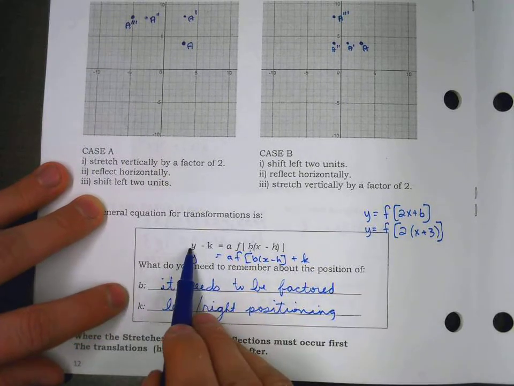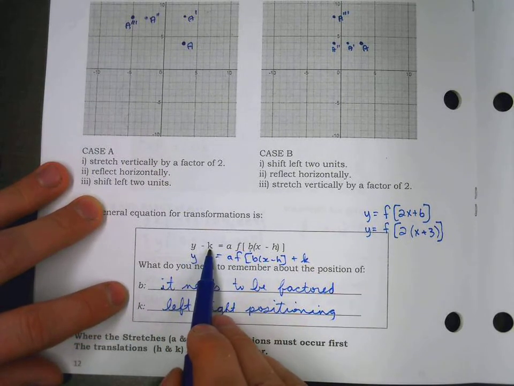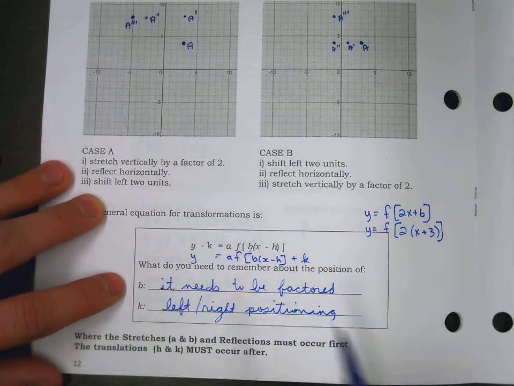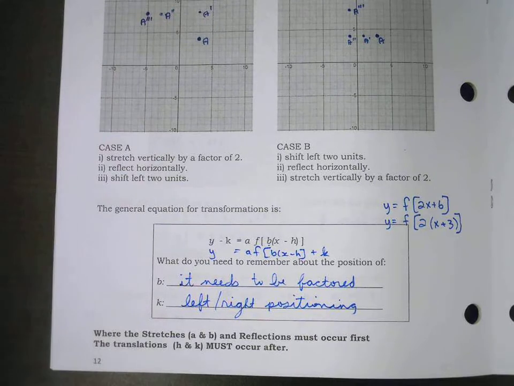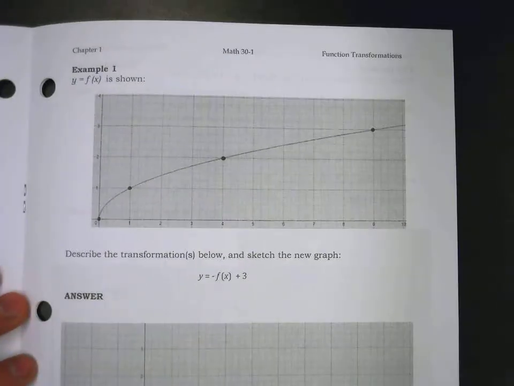If you see on the left side, y subtract 5, that still means up 5. And that is a little bit tricky. So the last, again, comment about order, the stretches, A and B, and the reflections, with A and B must occur first, as long as the translations occur after. So let's try these in a few examples.